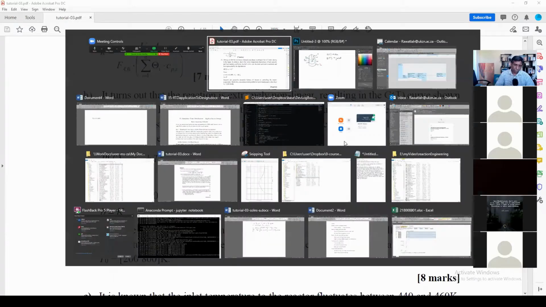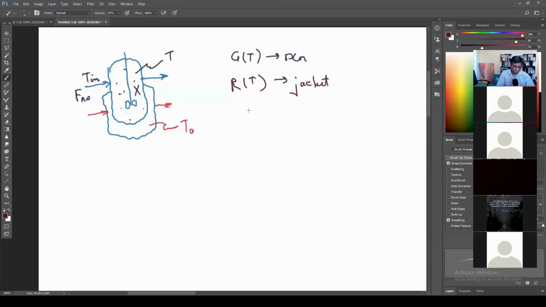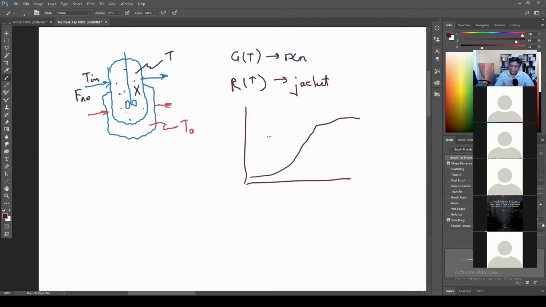So most of the time when we showed it in the notes, we drew G of T something like this, right? And that was because we were looking at a first order reaction. So for other types of reaction, which might be non-elementary, might have complex kinetics, even if it is elementary, you'll get quite a different shape for G of T.